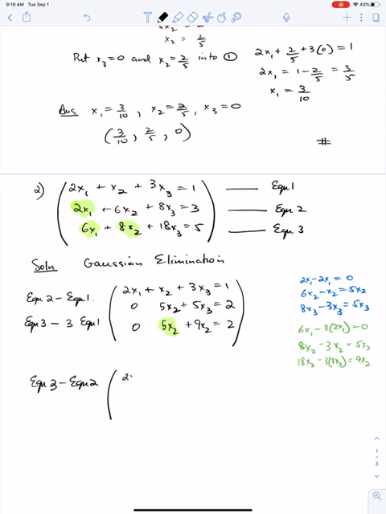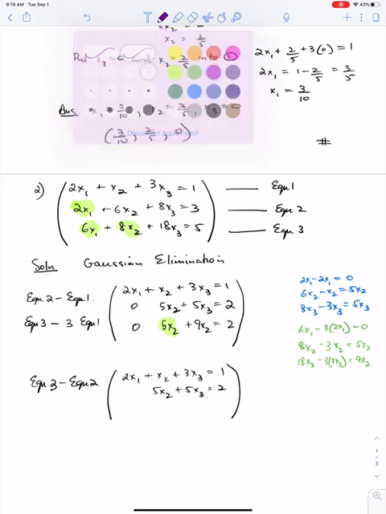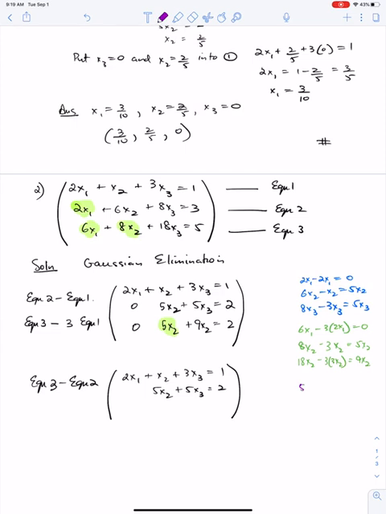So this is 2x1 as is, plus x2 plus 3x3 equals 1. 5x2 plus 5x3 equals 2. And once again, let me just pull it out here. So 5x2 minus 5x2 equals 0.